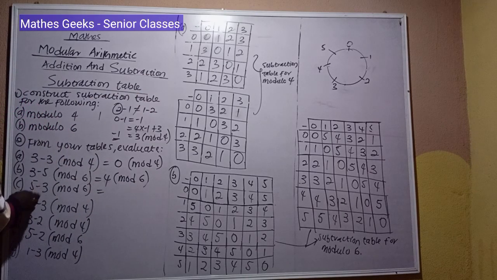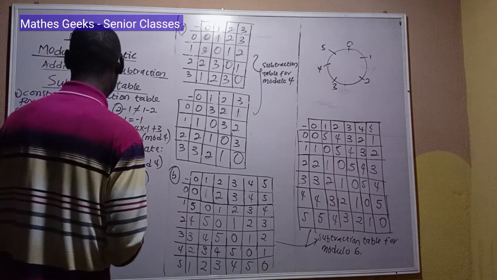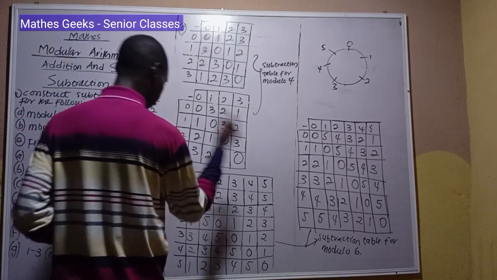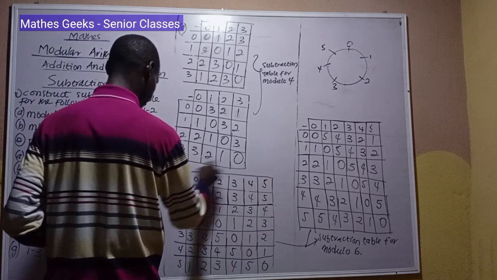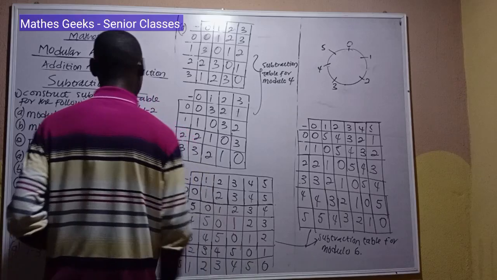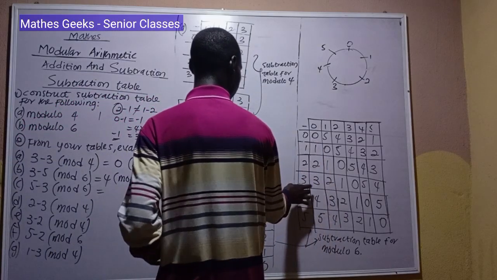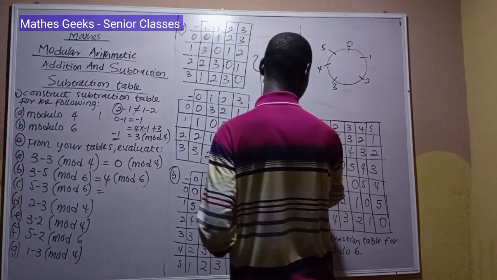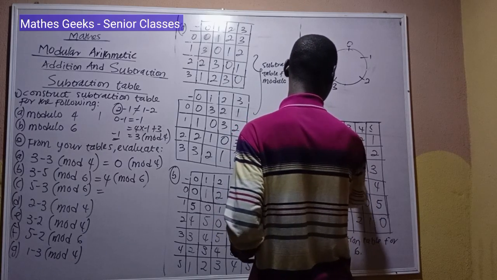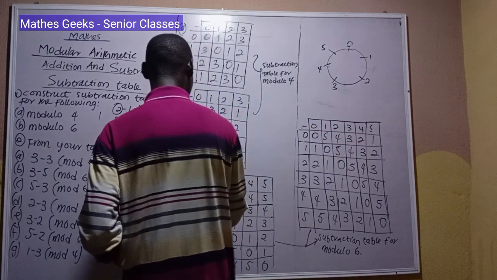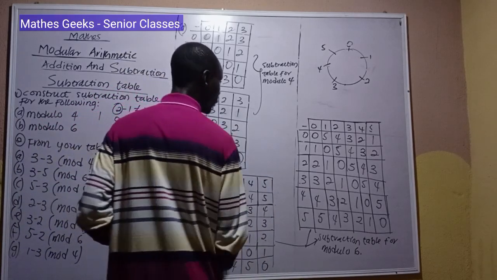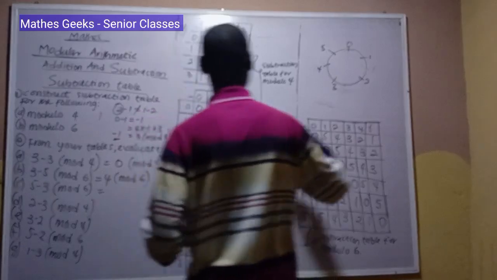Now let's look at 5 minus 3. Here we started with the row: 5 minus 3 is 2. Here, starting with this part against here, 5 minus 3 is 2. Let's see what our number circle gives us.